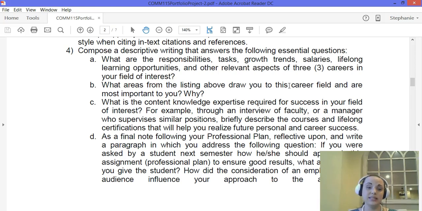Here's another example. Let's say that your program of study is business, and one of the 3 careers that you've talked about is you want to work in medical sales, pharmaceutical sales, medical device sales, any of that kind of stuff. Well, for C, it's asking you what kind of content knowledge do you need to be successful in that career.